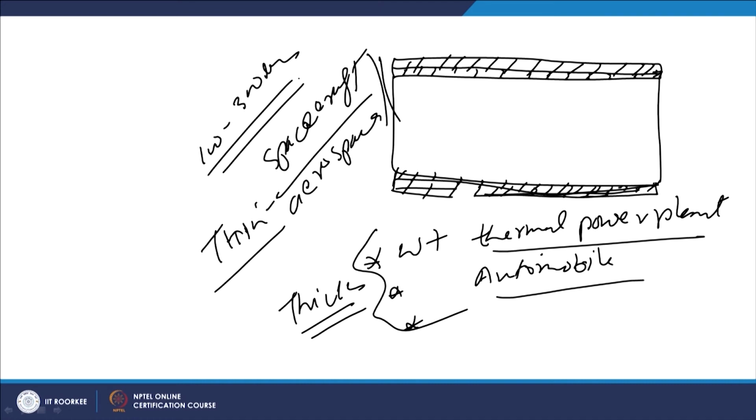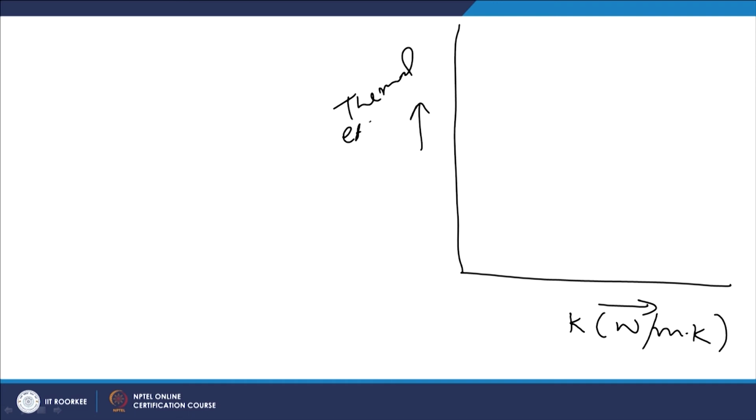Now, we will look at the various materials and their thermal expansion coefficient and thermal conductivity. Here in the x axis we mention thermal conductivity in watt per meter Kelvin, and in the y axis we have thermal expansion behavior in terms of ppm per degree centigrade.